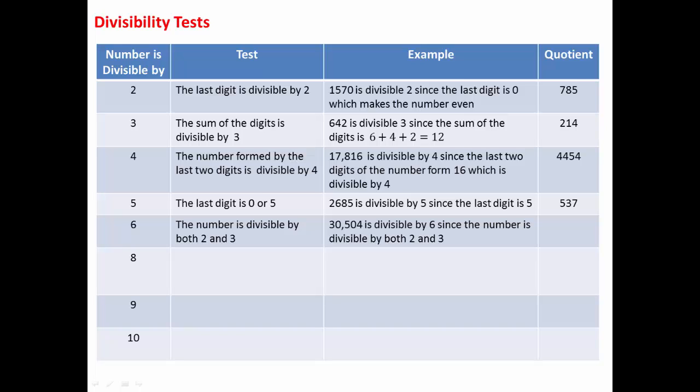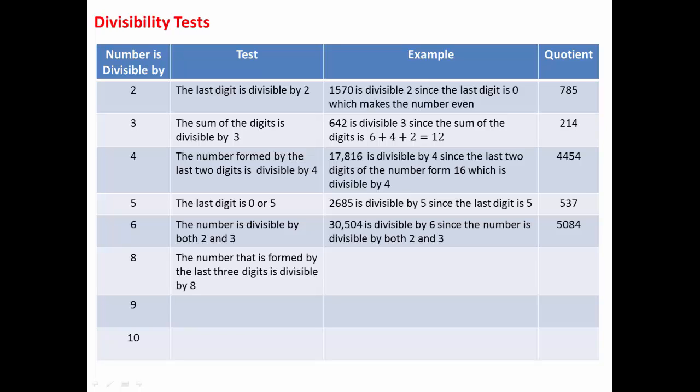And notice also that when you add the digits of the number, you get 12, which is divisible by 3. Therefore, the number itself is divisible by 6. When we divide 6 into 30,504, we get the quotient 5,084.